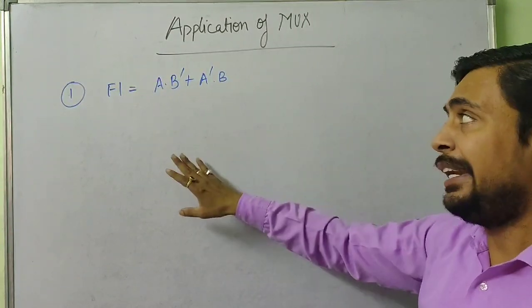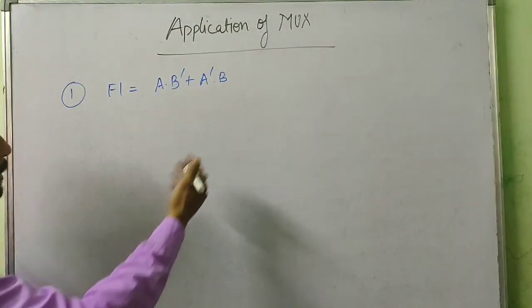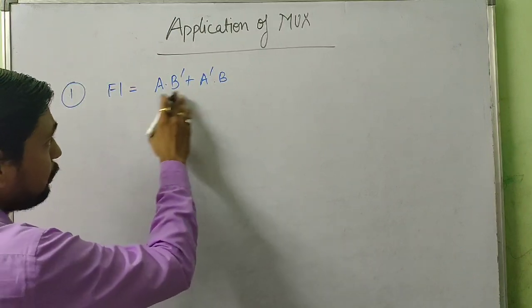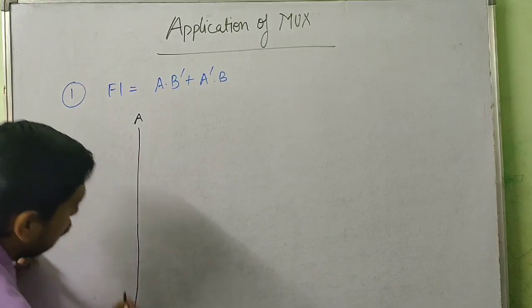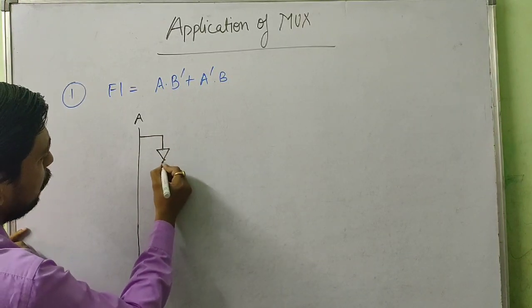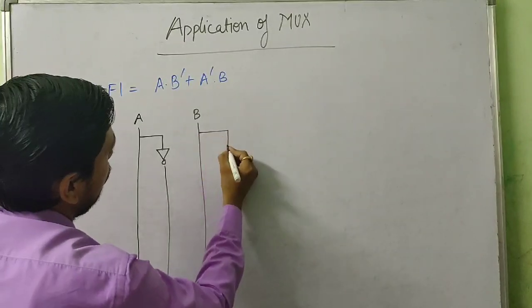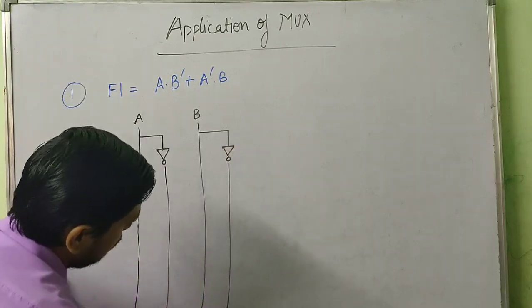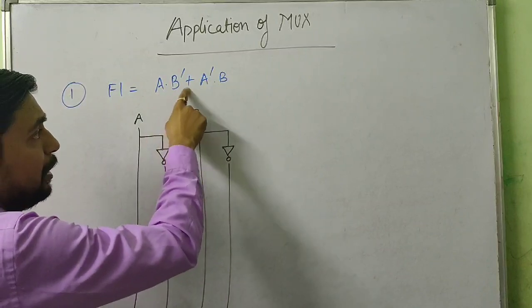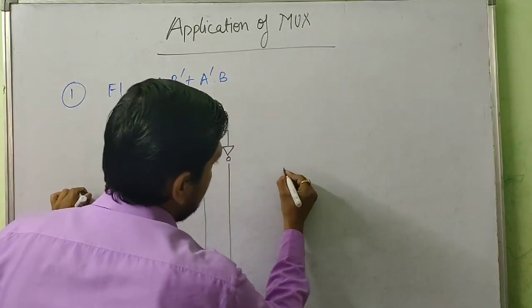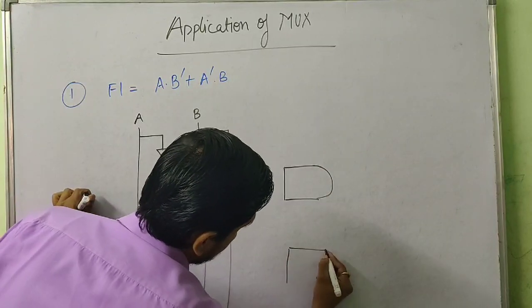with simple elementary gates. For example, this is the Boolean expression. So I will make a simple logic gate diagram with elementary gates. Here it is saying A and B, and both are available in normal and complement form. So I will create two lines, A and A complement, B and B complement. Okay, and now two ANDs and one OR. So first of all, first AND, and this is another AND.